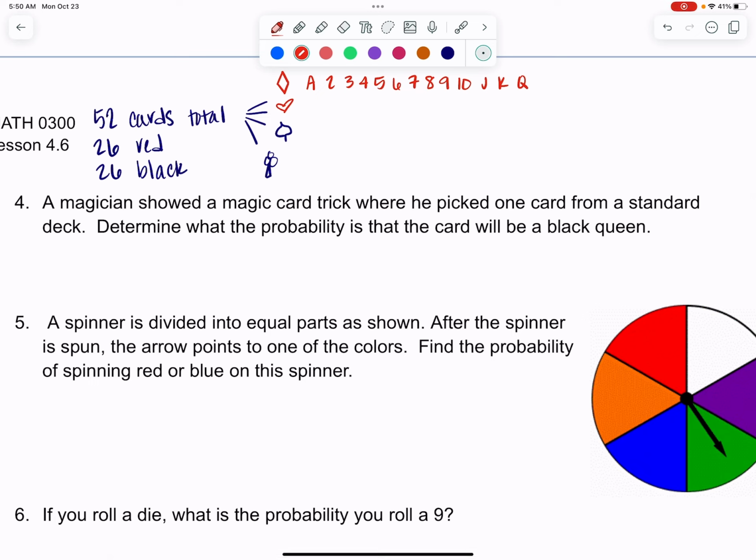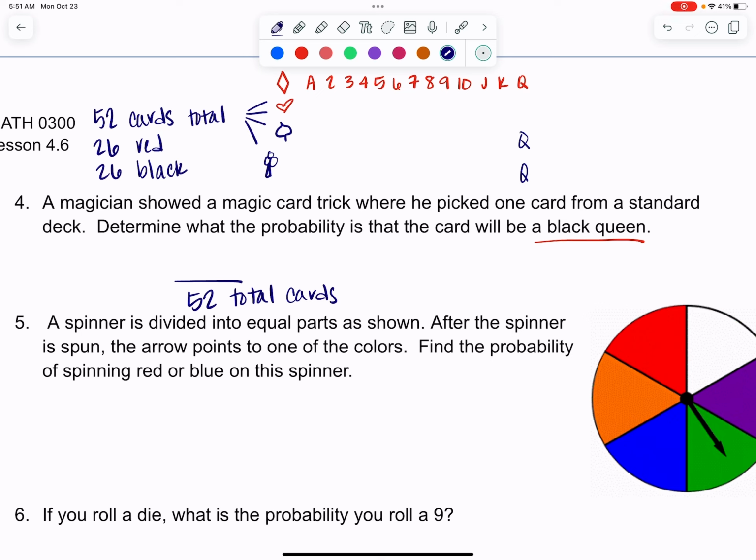So we want a black queen. Well, we know we have a total of 52 cards we could pull out. So 52 total cards. When I look at these, I know I'm going to have a queen of spades and a queen of clubs.